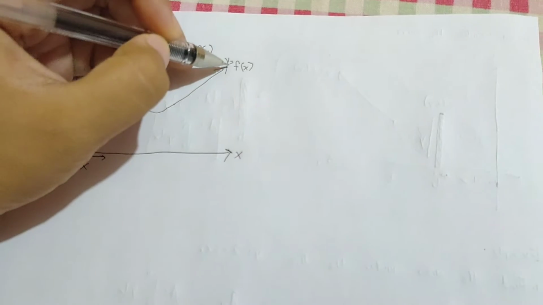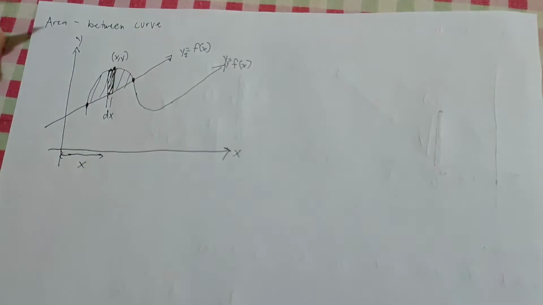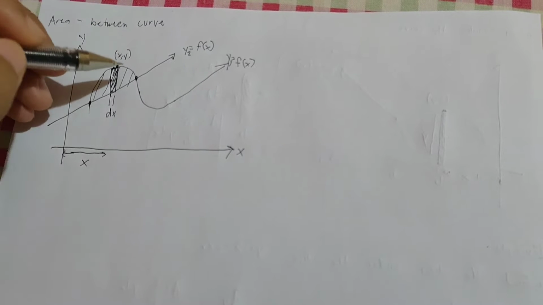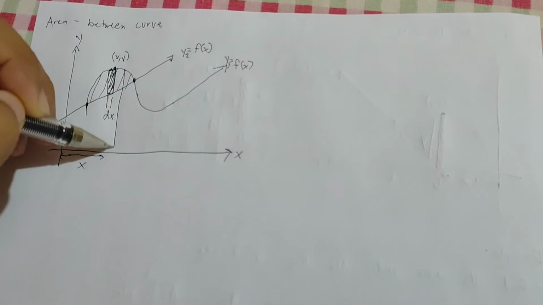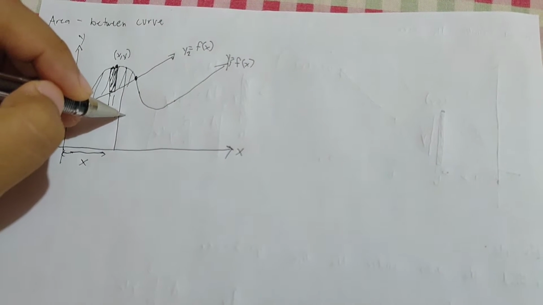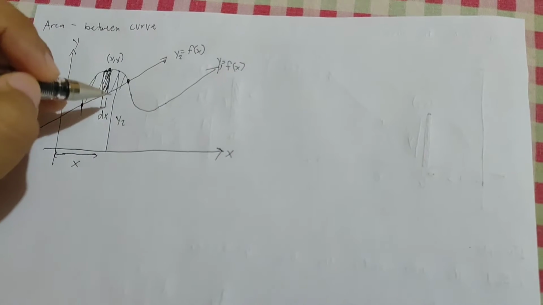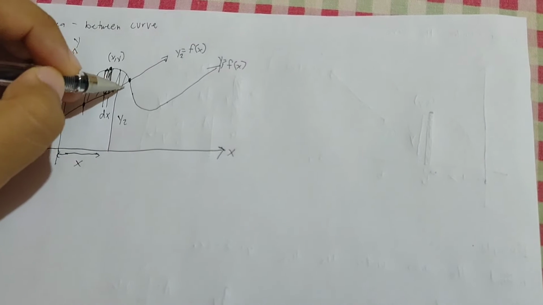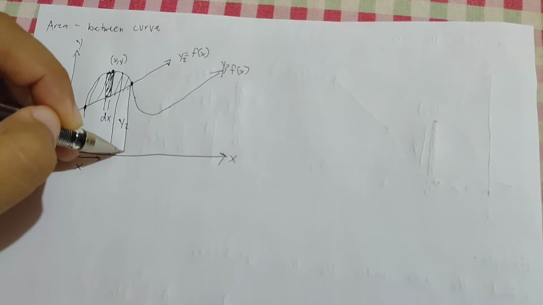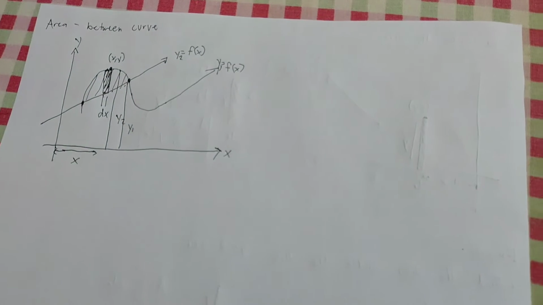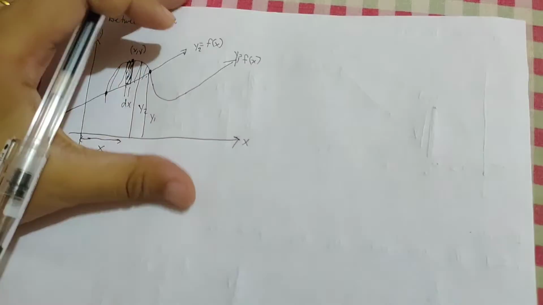Let's say this would be our y1 and y2. And then this to this will be our y2. And from here to here will be our y1. That's it.